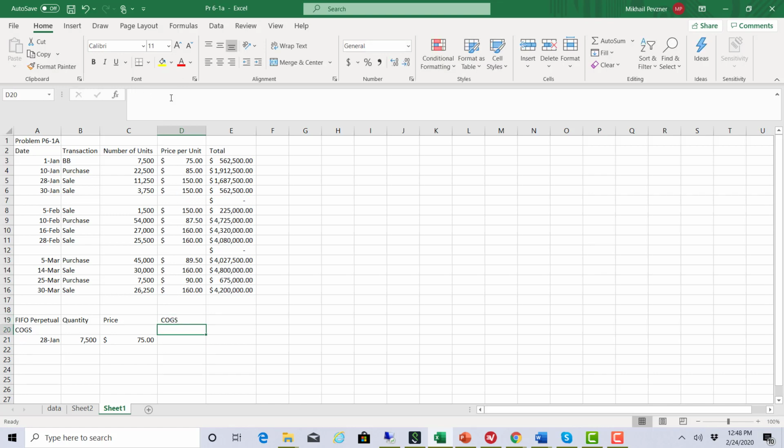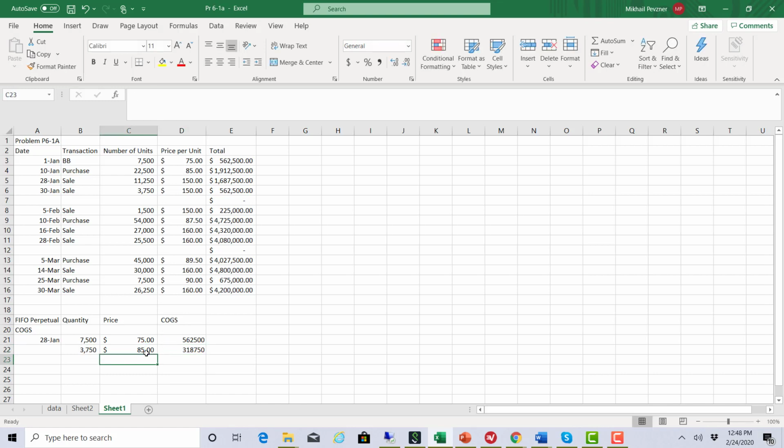Cost of goods sold is going to be units times price for the first layer. Then we need 11,250 minus 7,500, so 3,750 units will have to come from the second purchase, which is at $85.